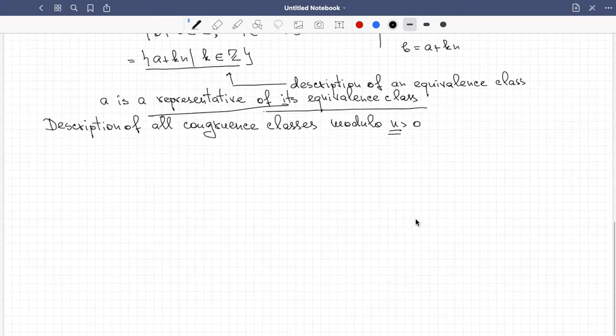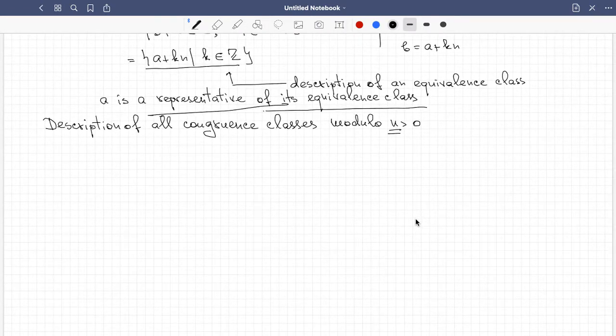What is instrumental in this description is Euclid's lemma. Euclid's lemma allows us, for any integer a, to write it.